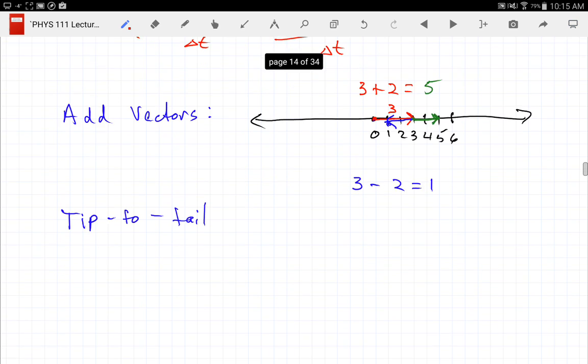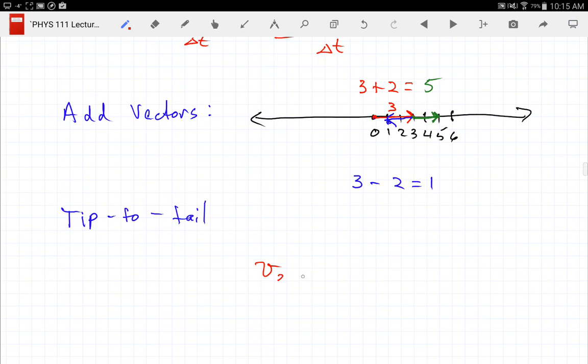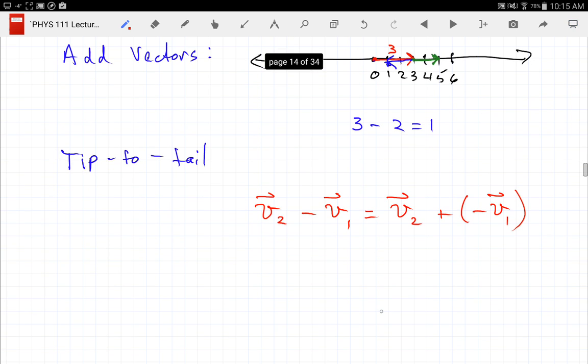So if I'm going to do vector 2 minus vector 1, v2 minus v1, that's going to be equal to v2 vector plus minus v1 vector. So now v2 vector went like this. That was v2. Oops, no, that was v1.